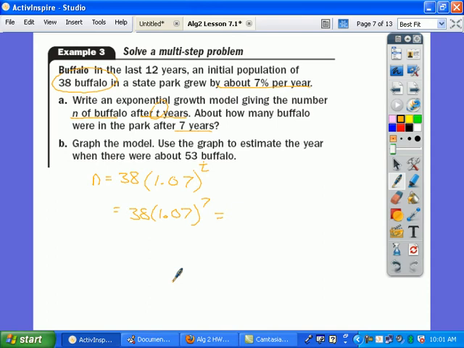But again, we don't want to have 0.02 buffaloes. So let's just call this 61. Out of curiosity, this is just kind of an aside, what if this had said 61.72? Should I round that up or round that down?